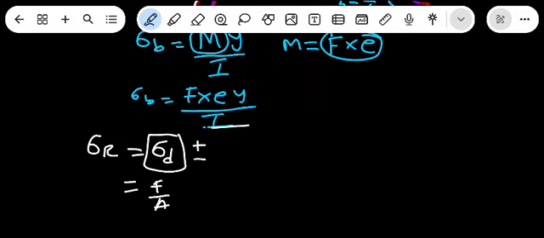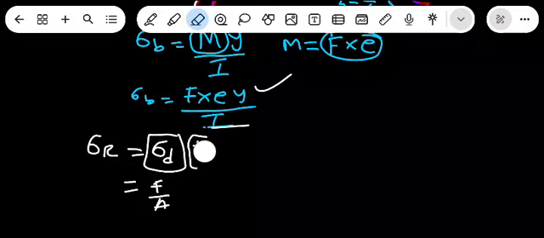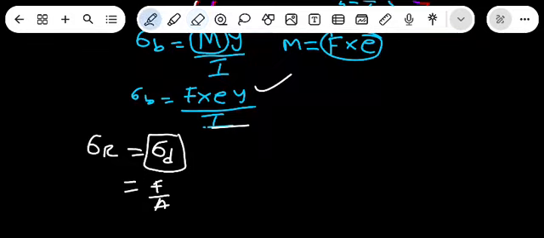Plus or minus will depend on whether the bending stress that we'll use here is compressive or tensile. Okay, it's fine. So this will be plus or minus the bending stress.